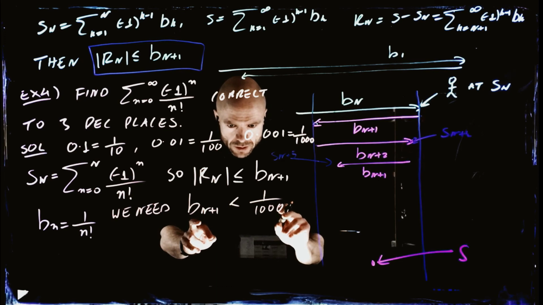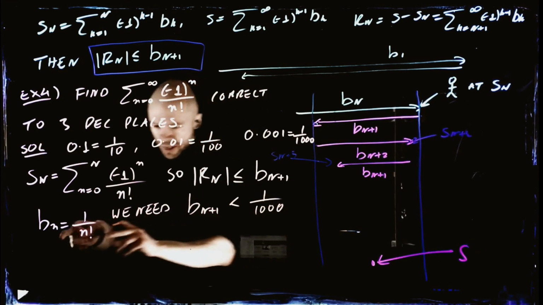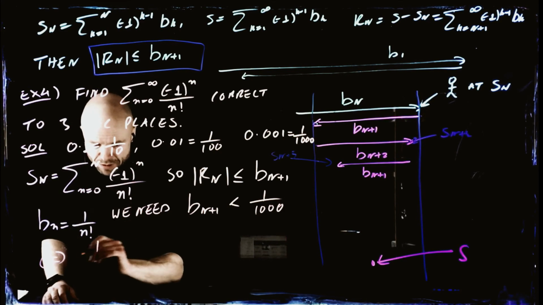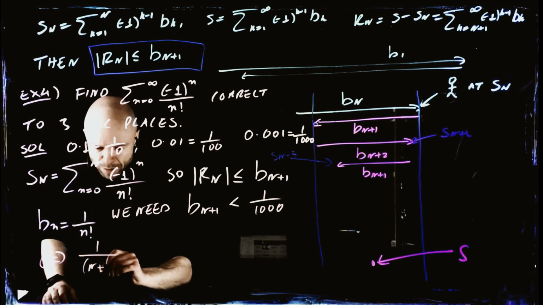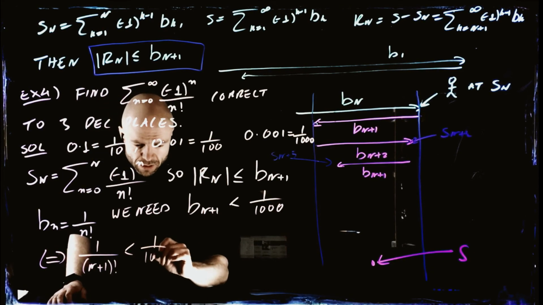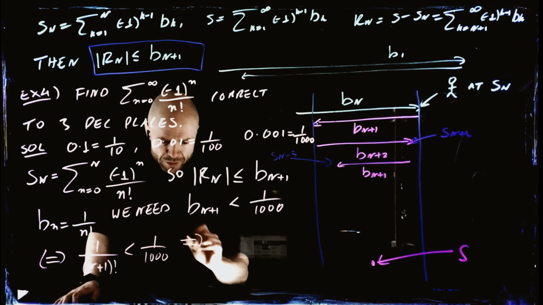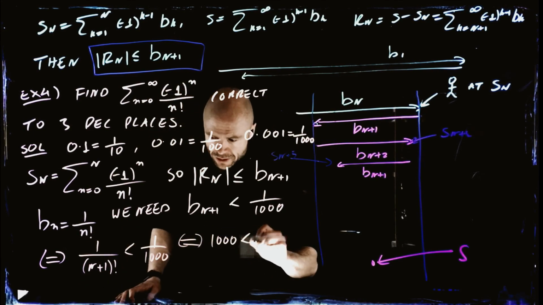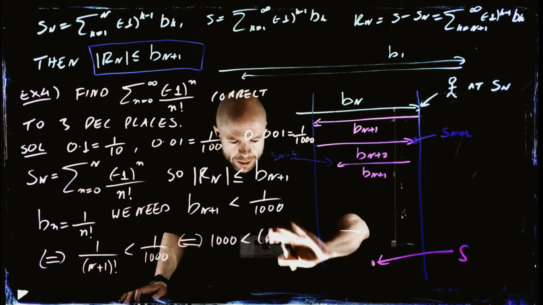Since we have the explicit expression for Bn, that's the same as saying 1 over capital N plus 1 factorial is less than 1 over 1,000. And that's the same as saying that 1,000 is less than capital N plus 1 factorial.